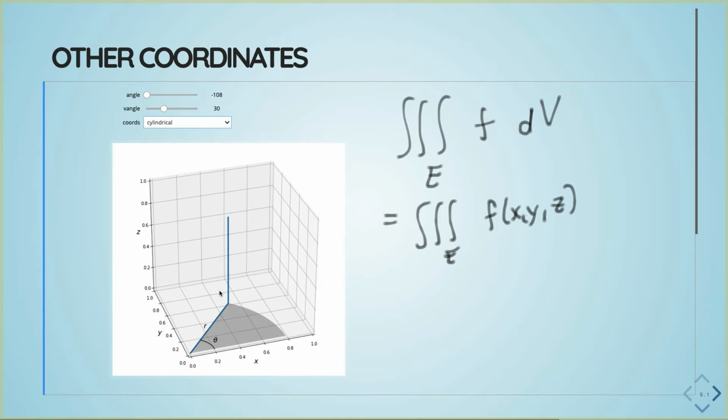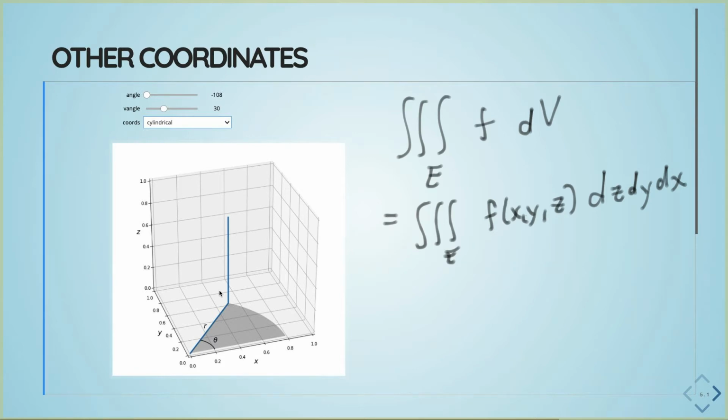Most of these become iterated integrals, dz, dy, dx, say, and so on. So what about if I want to write this in cylindrical coordinates right here? How are we going to see that?